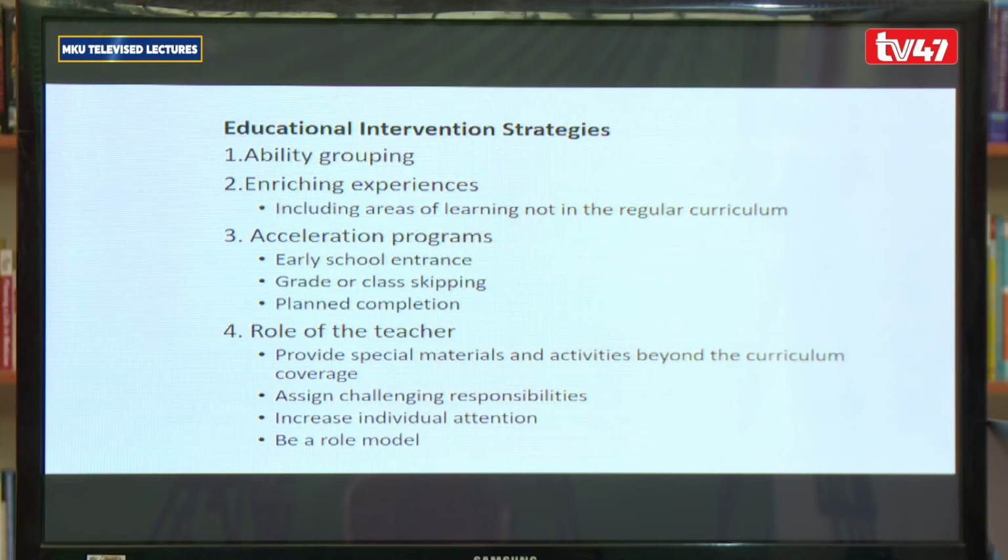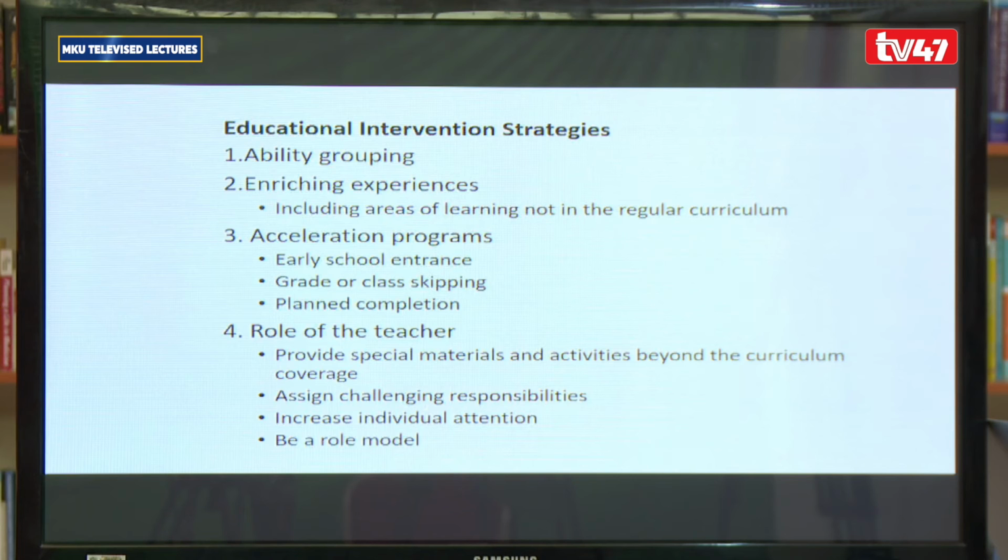If you can see they are able to walk through and finish and do whatever they're supposed to do, if it's an exam, they can do it, allow them to do it. So that's what we mean when we talk of planned completion, rather than keeping them within the system, and yet they can do much better in higher classes.